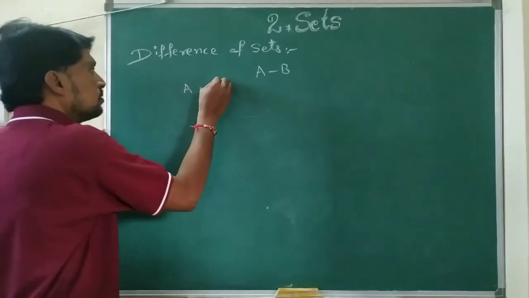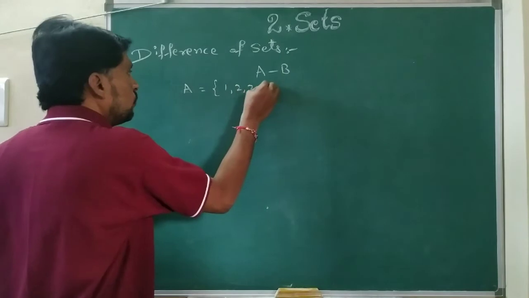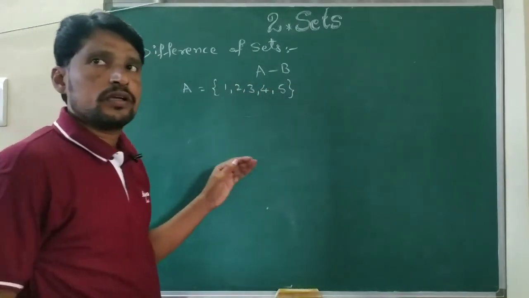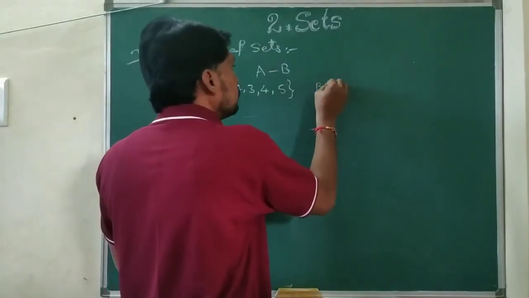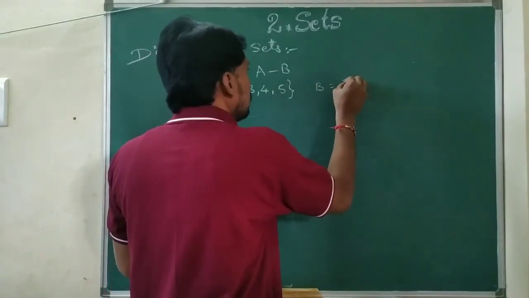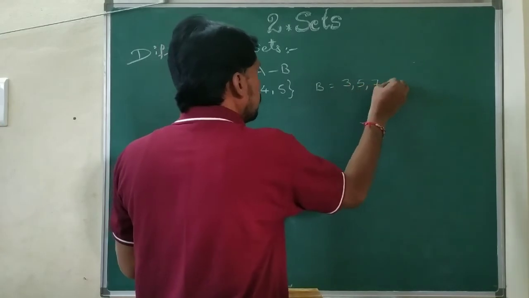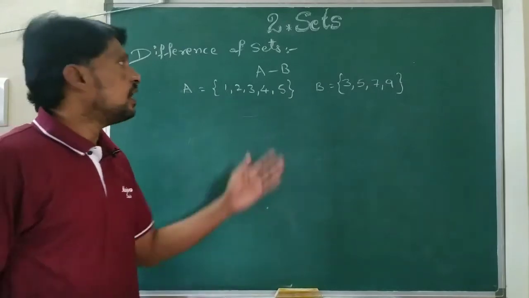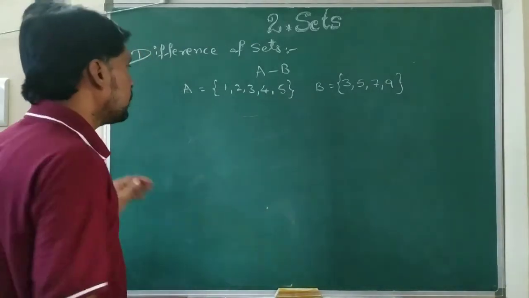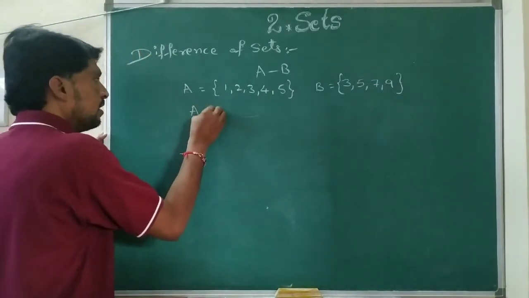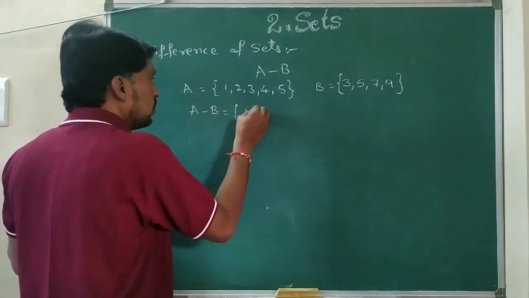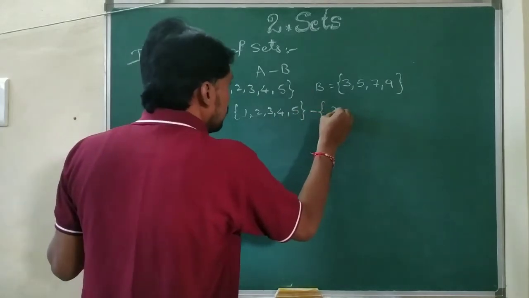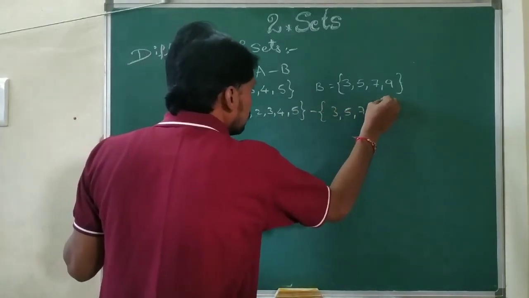Now let us see one example. A equals 1, 2, 3, 4, 5. B equals 3, 5, 7, 9. Now we need to find the difference of these two sets. A minus B equals 1, 2, 3, 4, 5 minus 3, 5, 7, 9.